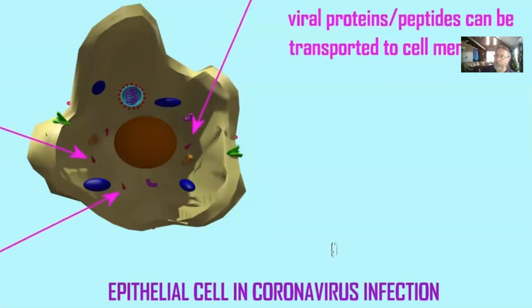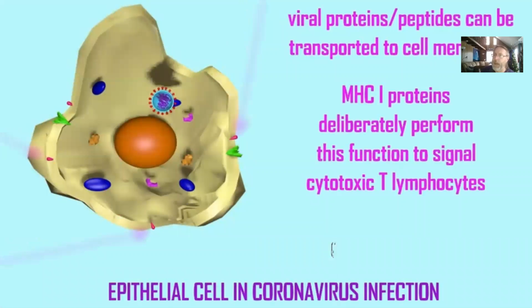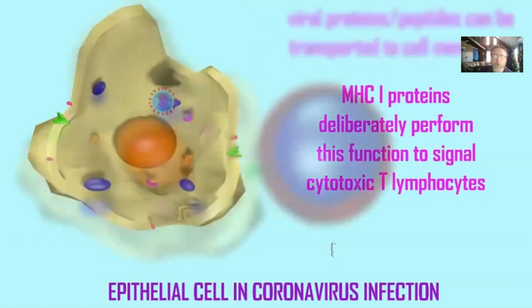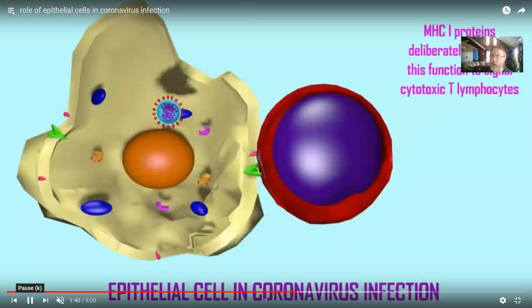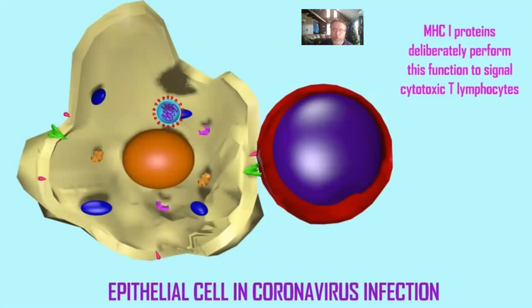Nevertheless, it is participating in the immune response. It can alert immune cells to the presence of coronavirus and help educate immune cells of what they need now to protect themselves against. All right, and so that is an important role.